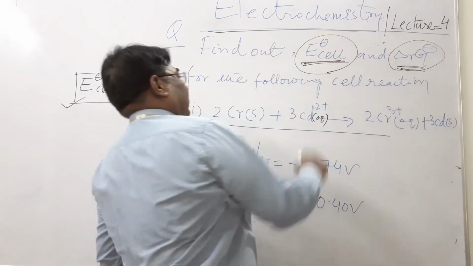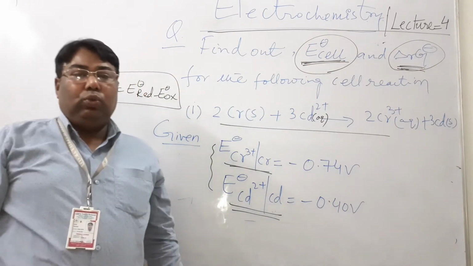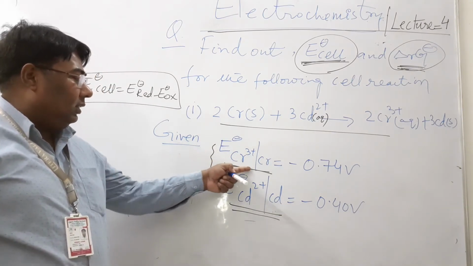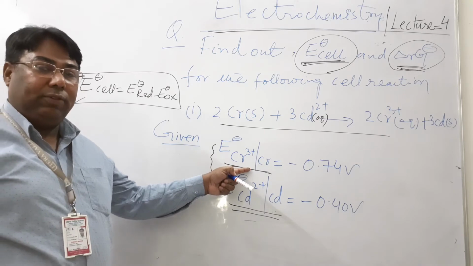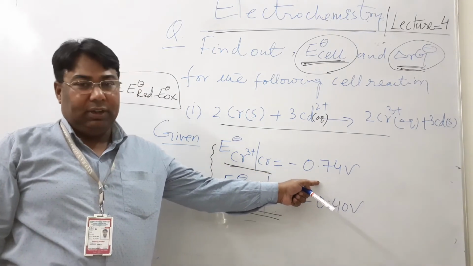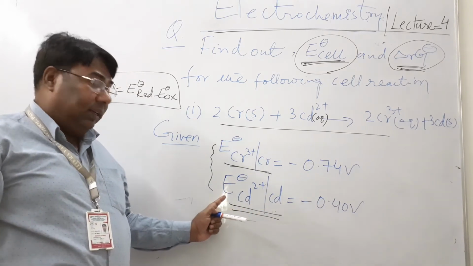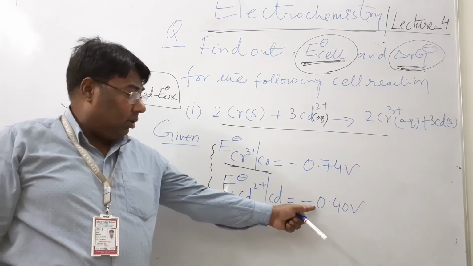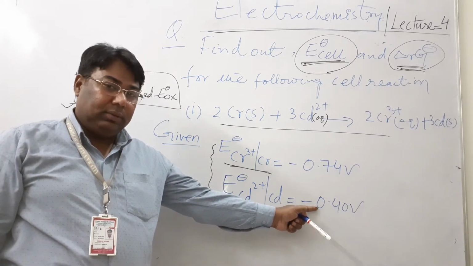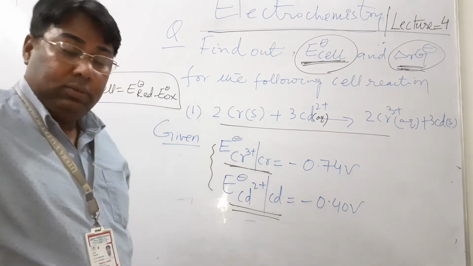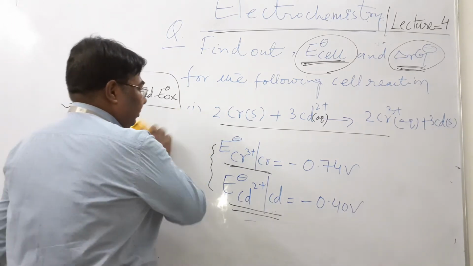These two things we try to find out. Here, the standard reduction potential of chromium is minus 0.74 volt, and that of cadmium is also given in the question. Understand? Now, how do we solve this question?